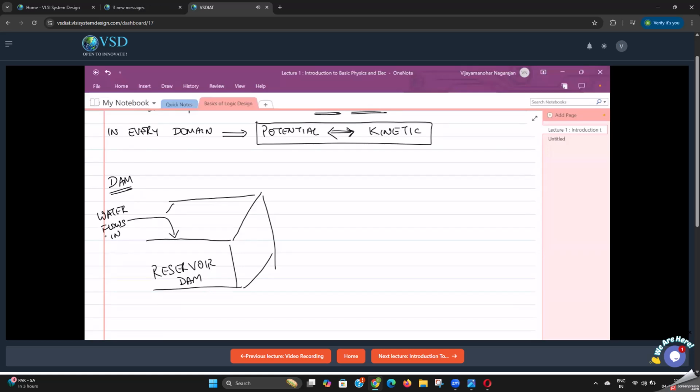Water flowing in is kinetic energy. As the water flows in, water gets filled here. So water storage here is potential energy.